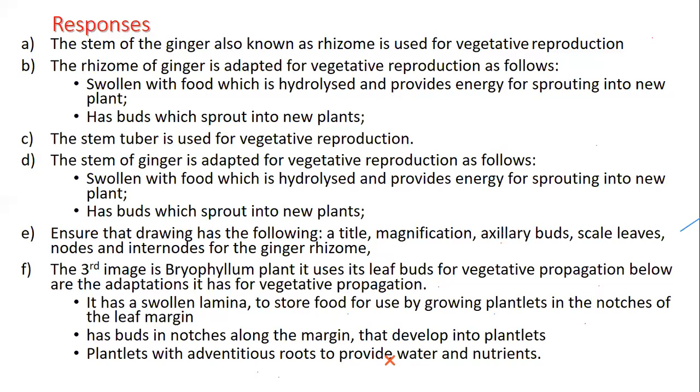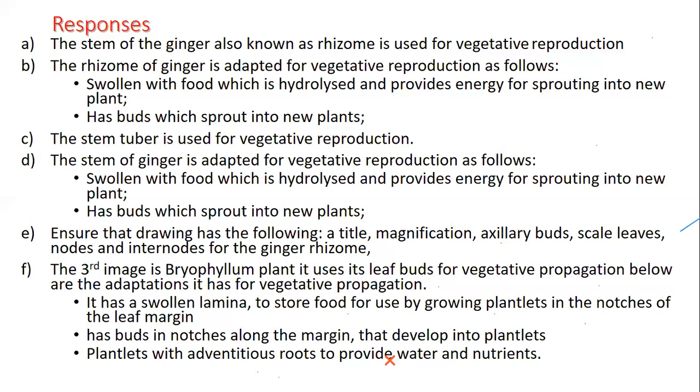So it is swollen with what? With food. So what? If it has food in it, then you say that this food is hydrolyzed or broken down and provides energy for the sprouting new plant, okay? So that energy that is used by those sprouting buds is obtained from that swollen stem, and it is swollen with food.